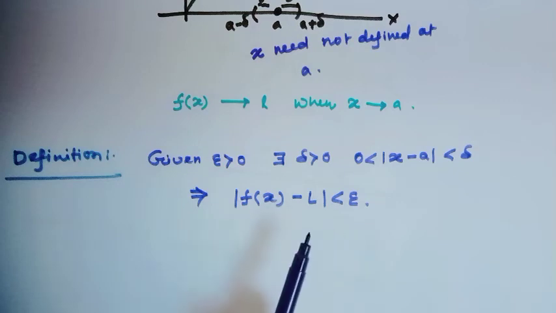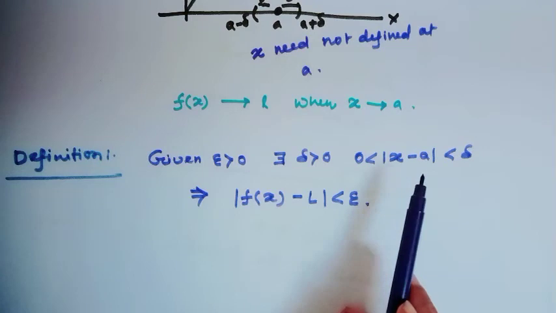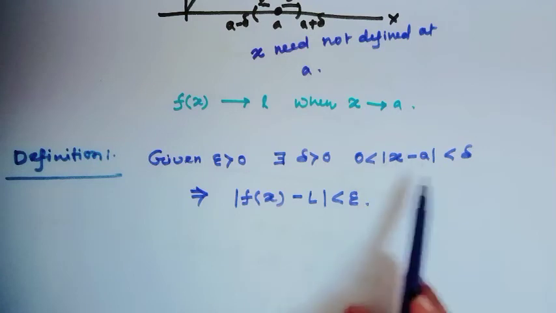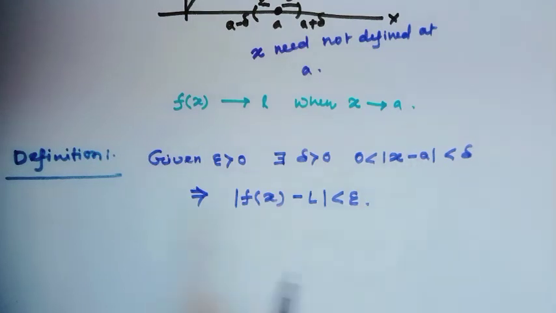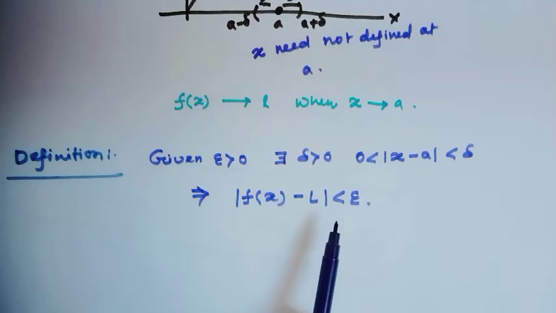That means if you pick an x value in this interval, then I can guarantee this value always lies in this interval, and this is the actual mathematical definition of the limit.